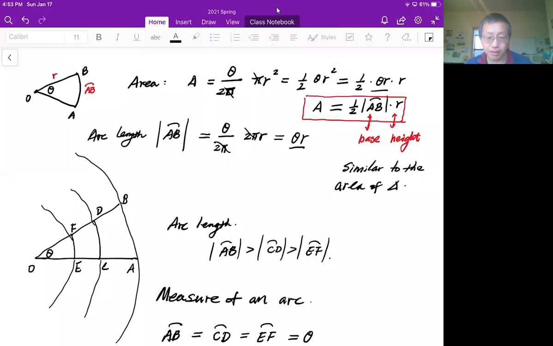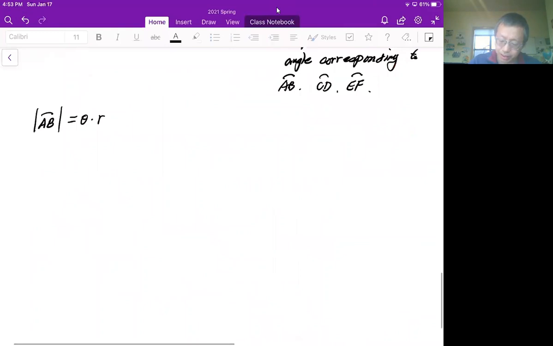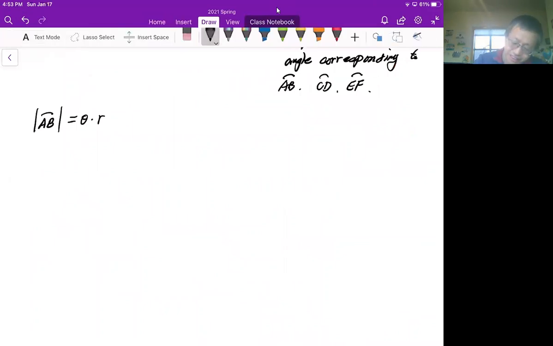So I'm going to use this, but keep that in mind. The theta is just the measure of the arc. So this means that the arc length is the measure of the arc times the radius of the circle.